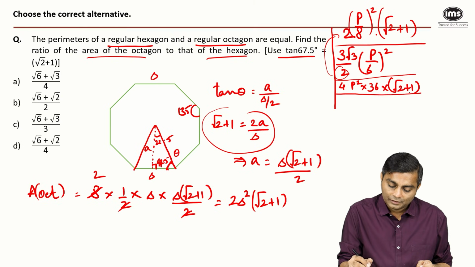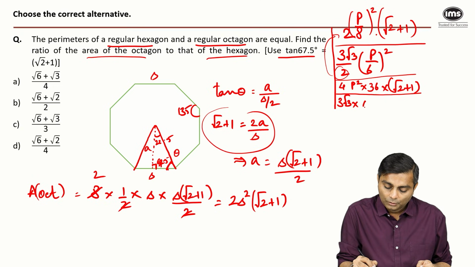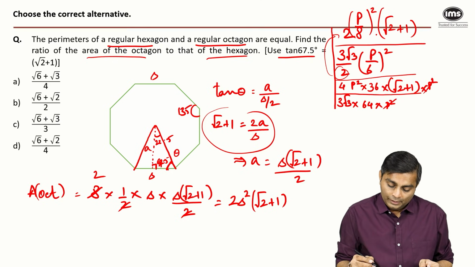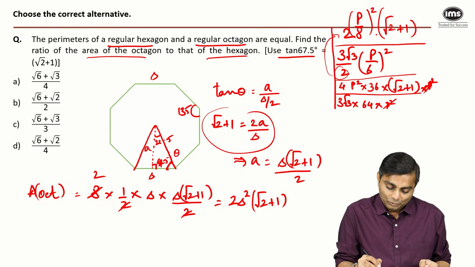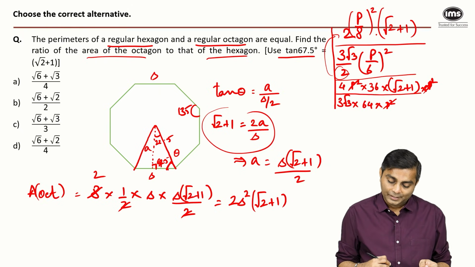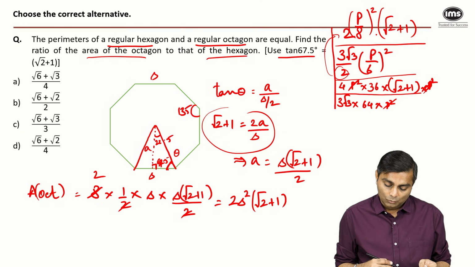The whole thing is divided by 3 root 3. The 64 comes down, along with a P squared, and I had conveniently forgotten P squared in the numerator also. Great. So P squared cancels with P squared. Okay, so now what is left?